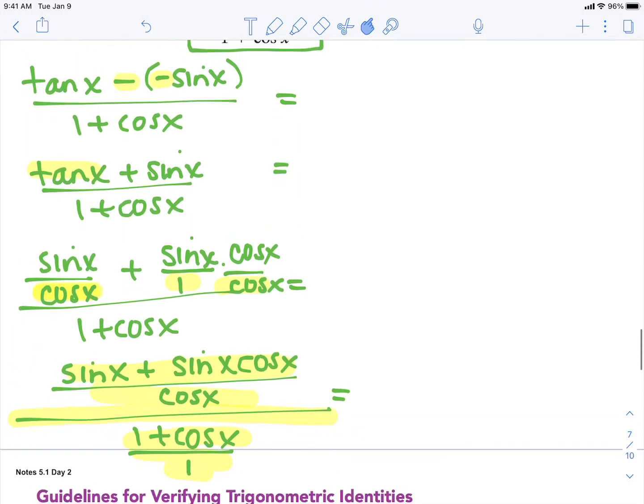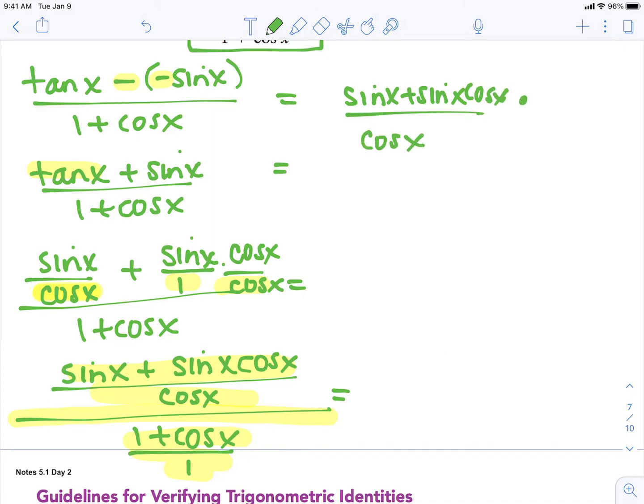So I'm going to go up to the top here. So we're going to keep the sine of x plus the sine of x, cosine of x, over the cosine of x. And we're going to change that division symbol to multiplication. And then we're going to flip 1 over 1 plus the cosine of x.